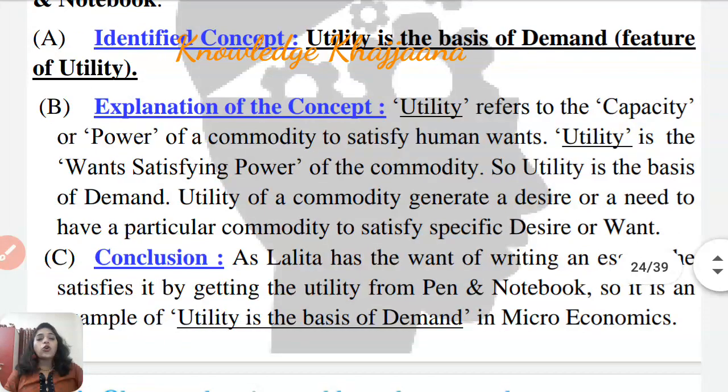For example, chalks. Chalks have the utility of writing on the board. So which desire is satisfied? The desire of writing on the board is satisfied by getting the utility from chalks.